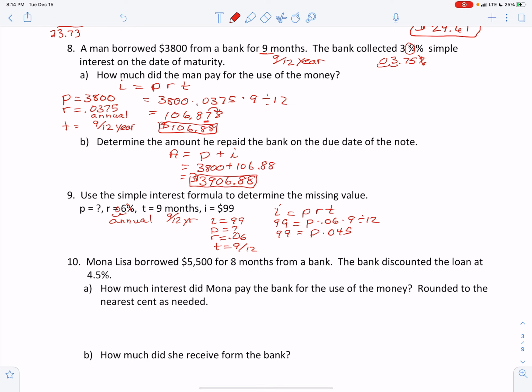Now I get P by itself. I'll divide both sides by that 0.045. So I get 2,200.